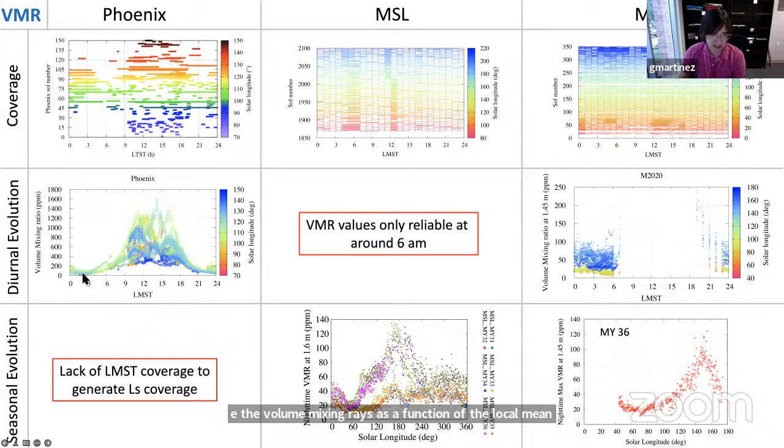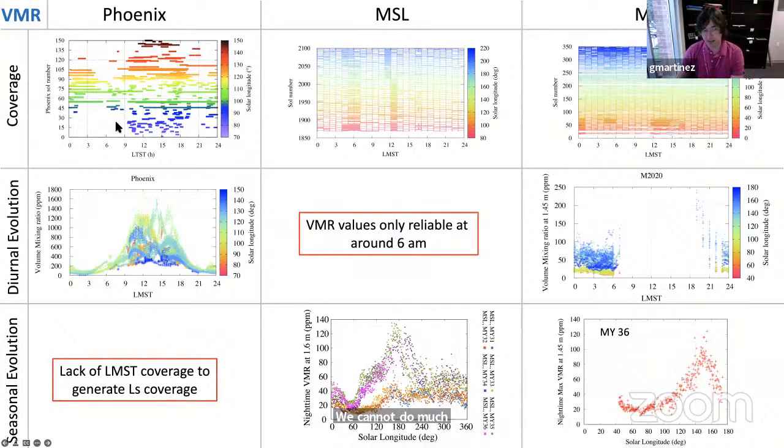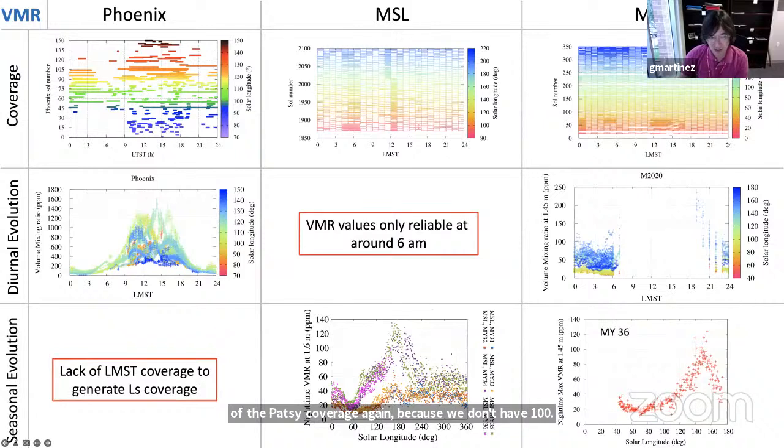As you can see, we have the diurnal period well covered. We cannot do much seasonal evolution study because of the patchy coverage; we cannot obtain diurnal averages because we don't have complete coverage.